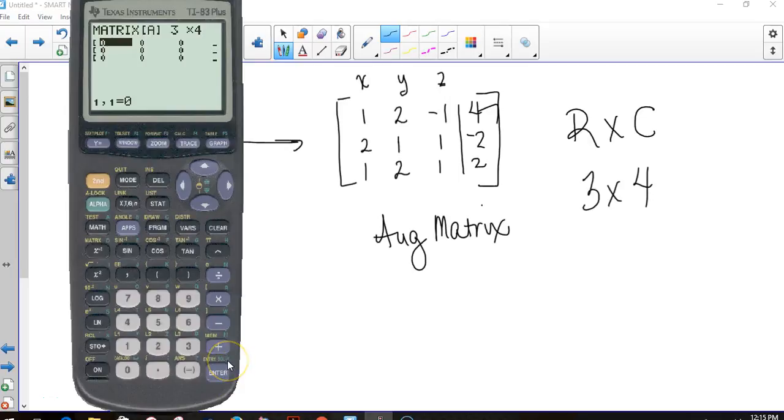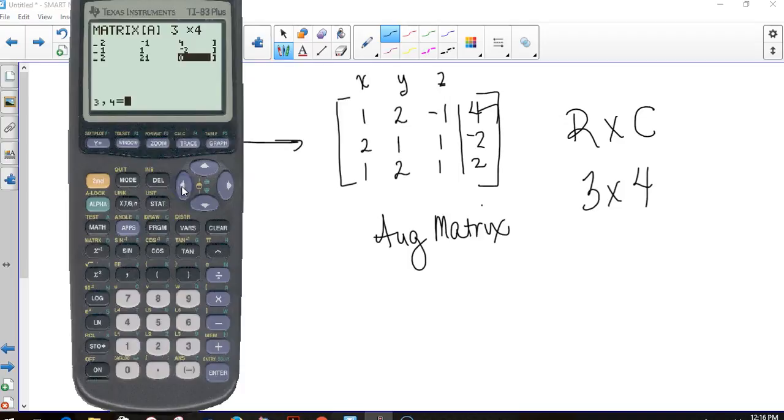And now I'm going to just type this in like I'm typing a sentence. 1, Enter, 2, Enter, negative 1, Enter. It will have to go out to the other side. You know, the screen's only so big. When you hit 4, Enter, it will come back to the next line. 2, Enter, 1, 1, negative 2. And I'm going to type all of this fun stuff in.